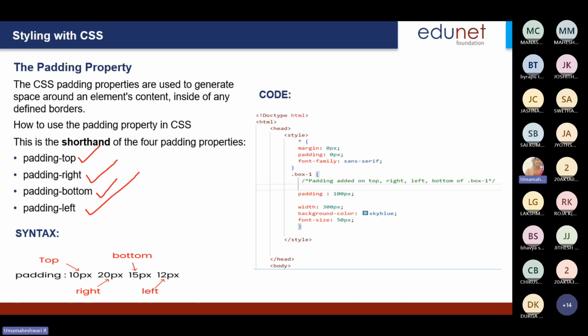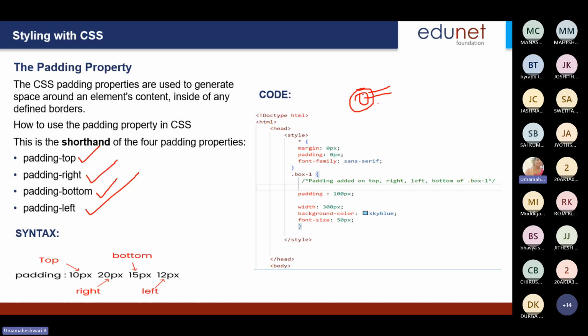The first thing is to generate space around an element's content. If I have a content here and about this I need some space, this is my content and this is my space. So this space is called what? Padding.